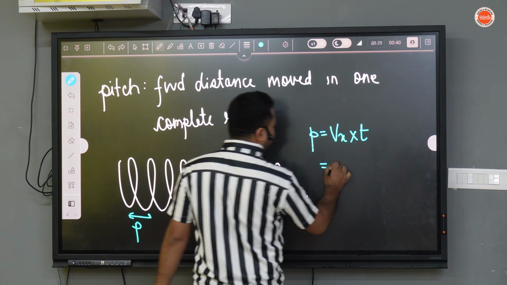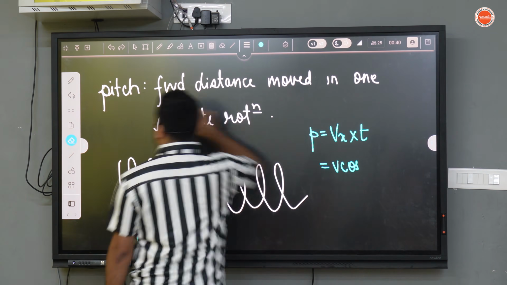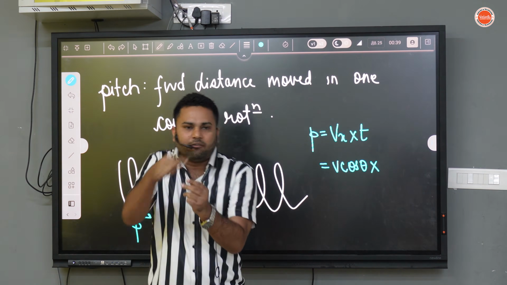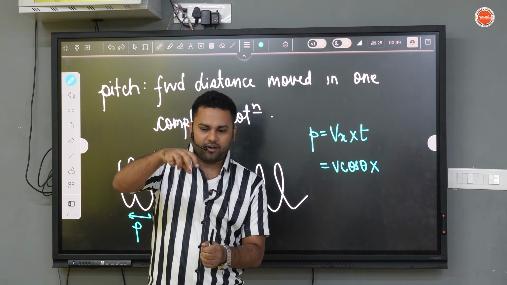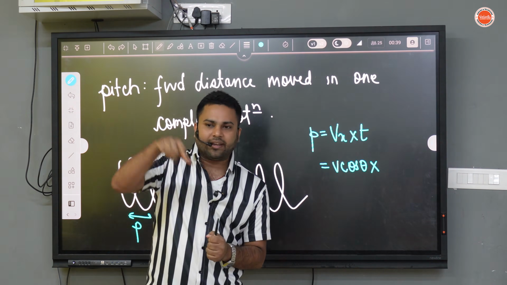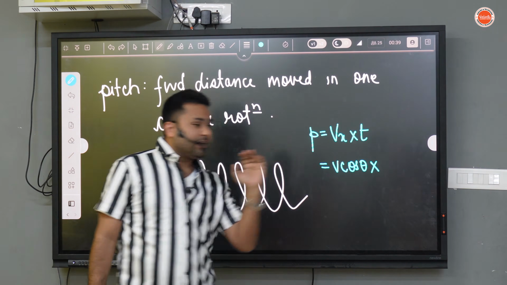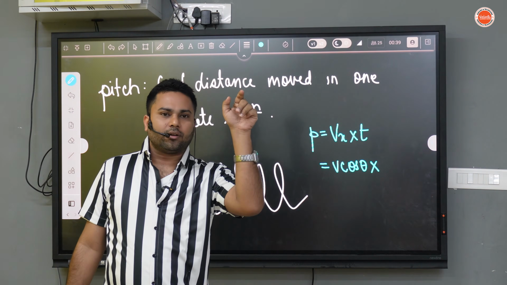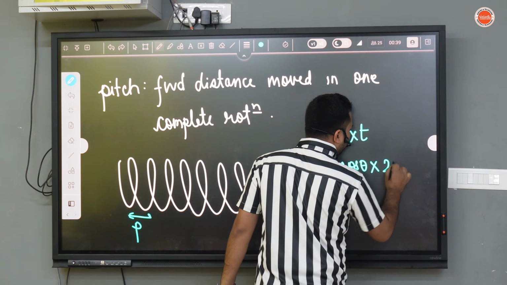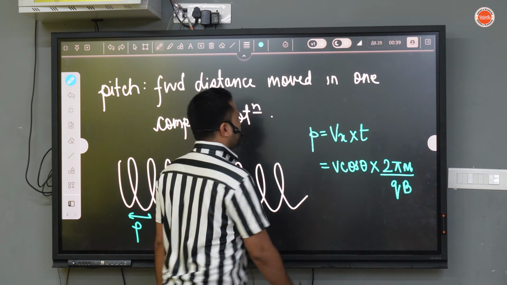So we can write v cos theta multiplied by time. In how much time is it going forward? In one complete rotation, and this distance we are calling pitch. So time will be the time of one complete rotation, the time period 2 pi m by qB. So this will be the value of pitch.